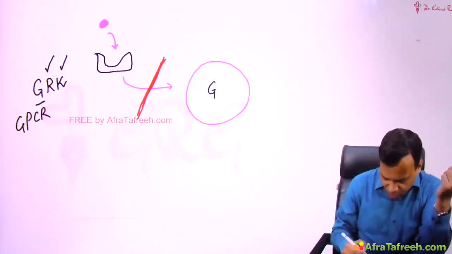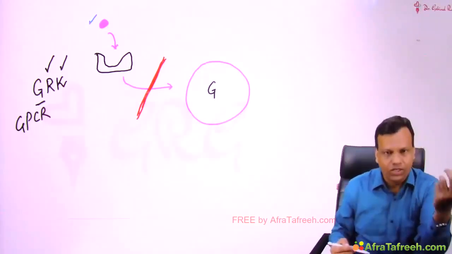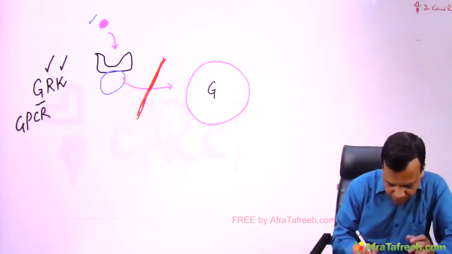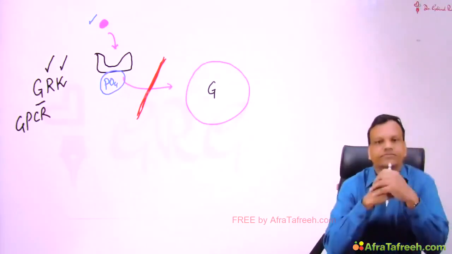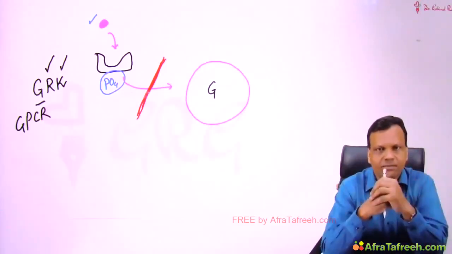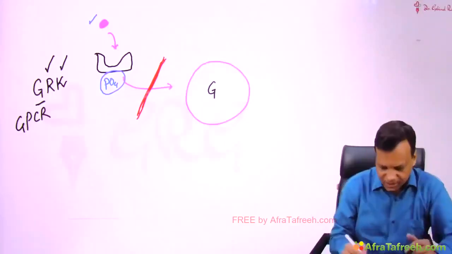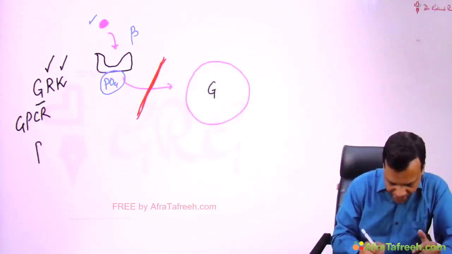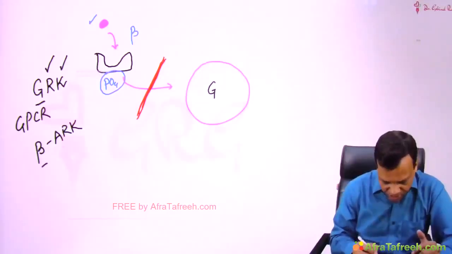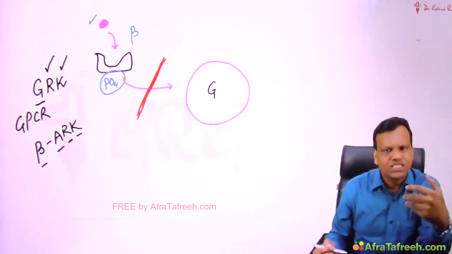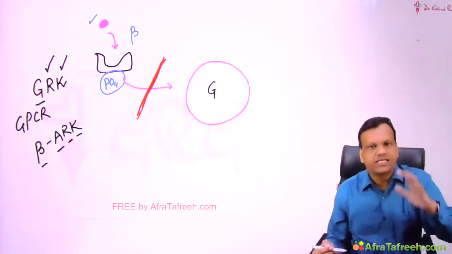So when the receptor is constantly getting stimulated by the agonist, the G protein coupled receptor kinase will phosphorylate this protein. We have GRKs for almost all G protein coupled receptors. In case of beta adrenergic receptor, this kinase is known as BARK, beta adrenoreceptor kinase. This simply is a type of GRK. So this will phosphorylate the receptor.